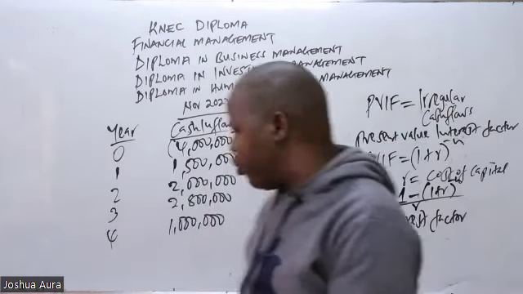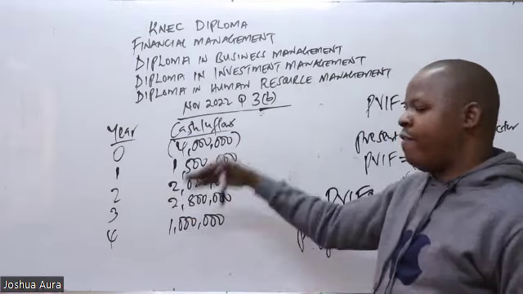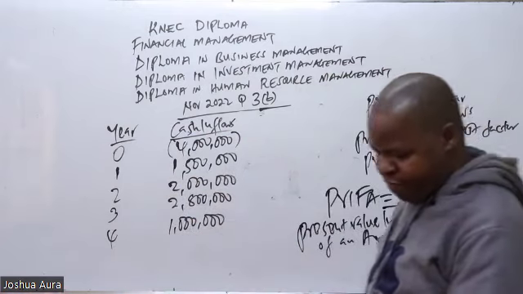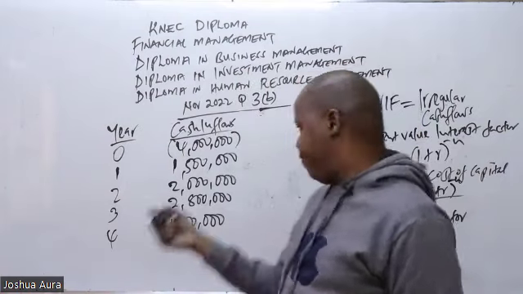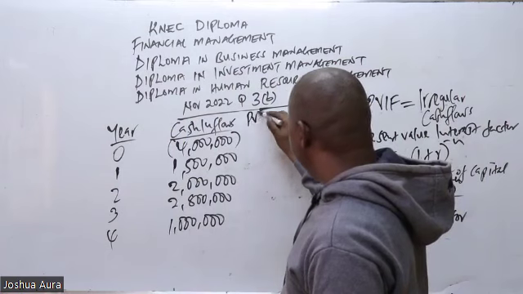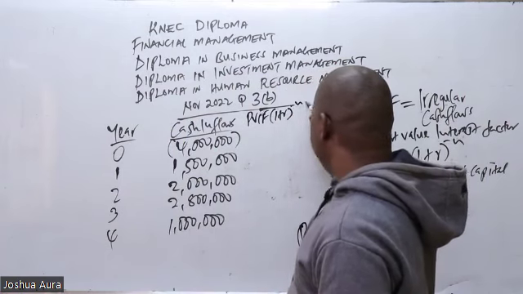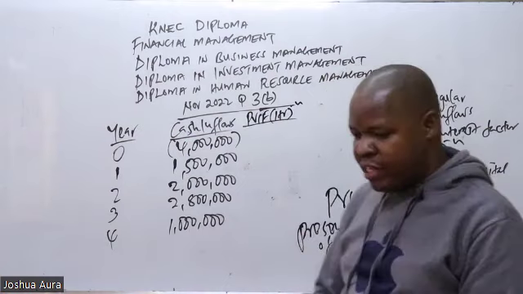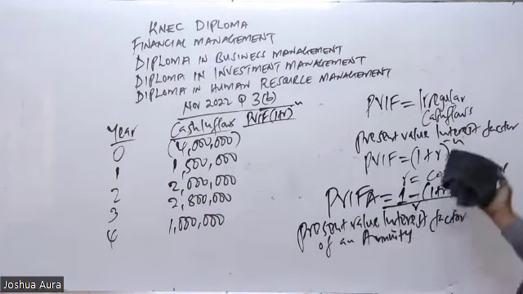But in our question, we have said these cash inflows are fluctuating. So we shall use PVF. We shall discount these cash inflows using PVF. So let's have our PVF column here. And the formula is (1 + R) raised to negative n.